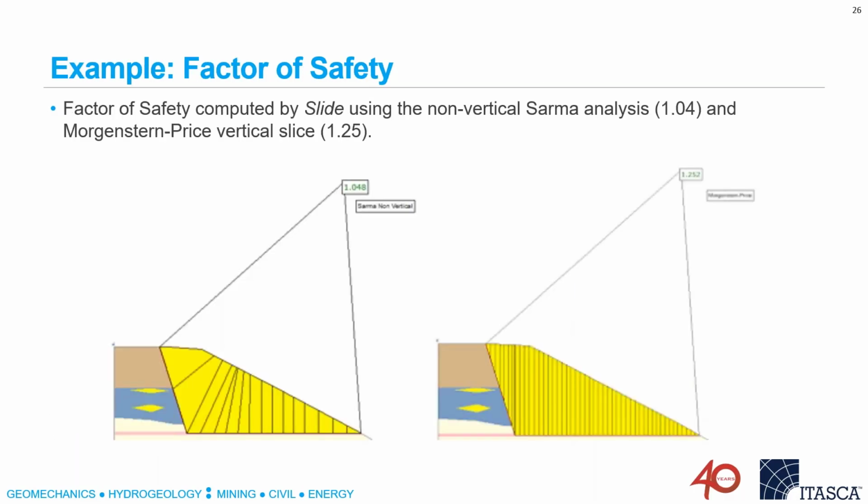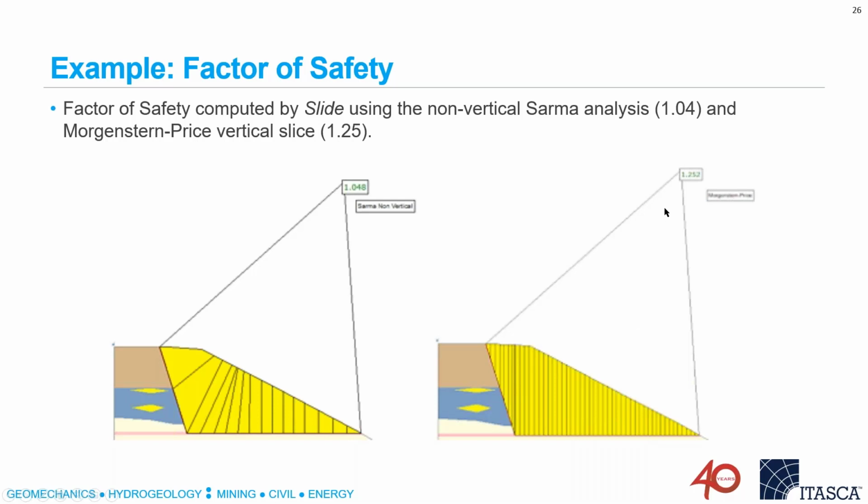However, there is one thing that's very interesting and doesn't pop up very often because people don't either know about it or use it. So on the right-hand side here is kind of the traditional method where we have these vertical slices and we're calculating forces between slices and on the bases of the sliding surfaces.